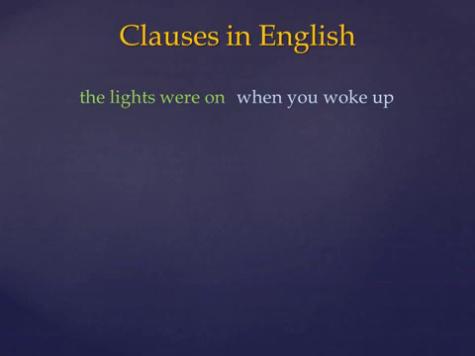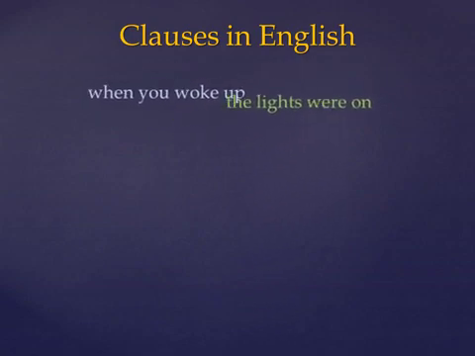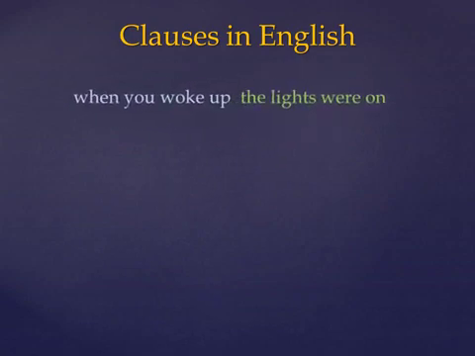But equally, in terms of meaning, if we were to reverse the two clauses, "When you woke up, the lights were on," this actually has no impact on the meaning of the sentence. Whether the subordinate clause comes before or after the main clause has no impact on the meaning of the sentence.